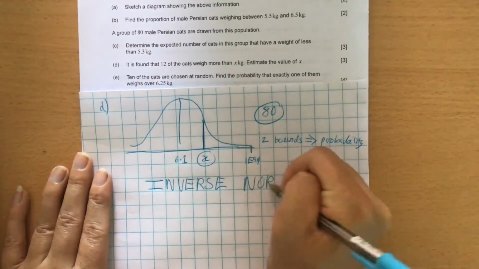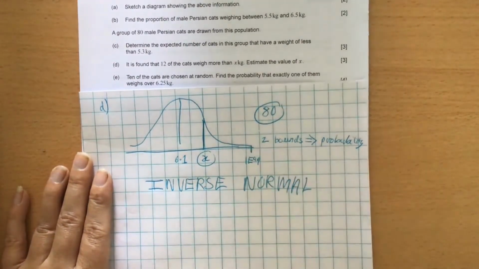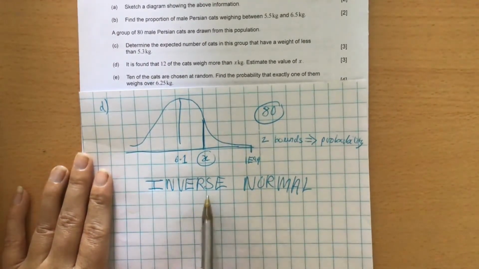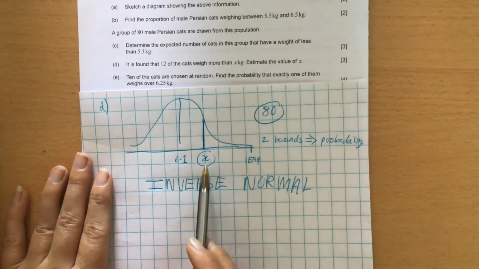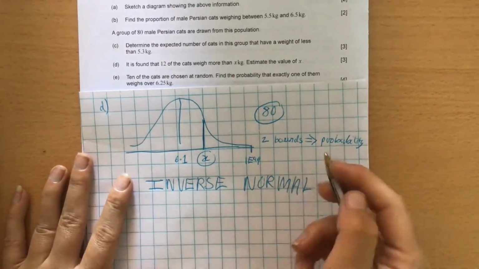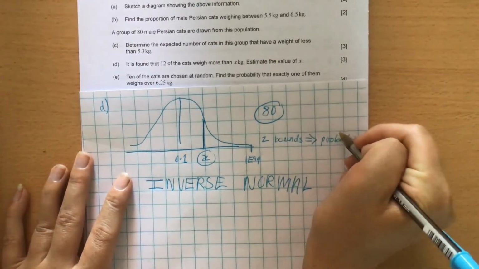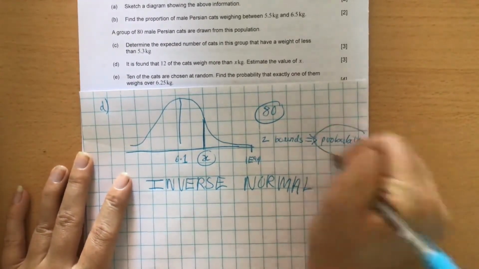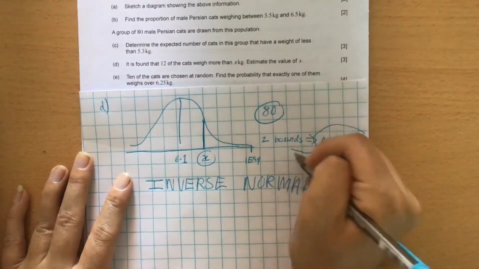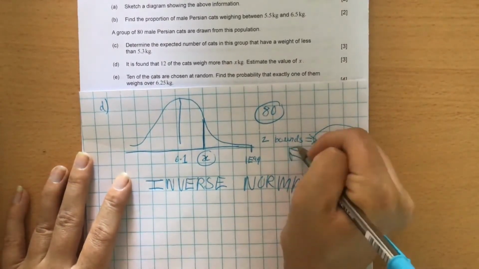Now, if it's an inverse normal question, what we're going to focus on is the probability. So you're either given 2 bounds to find the probability, or you're given the probability to find the 2 bounds.